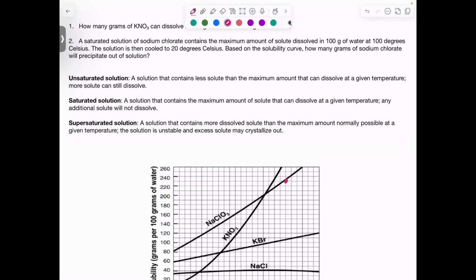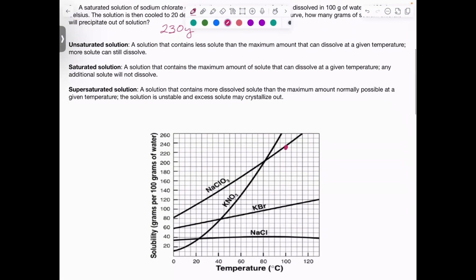So we can hold 230 grams of our sodium chlorate, and we just need to trek down the line here, right? We need to go to 20. There's 20 right there. 20 is between 100 and 120, right at that midpoint.